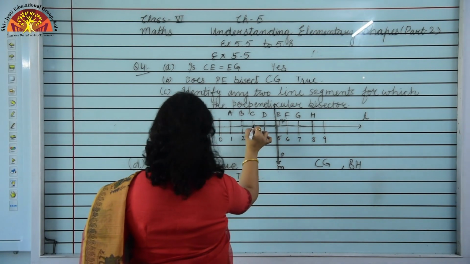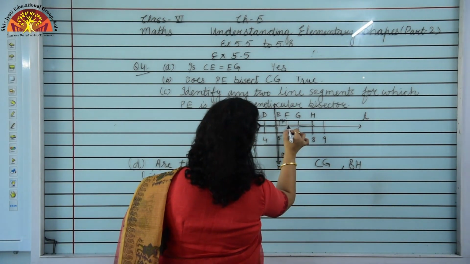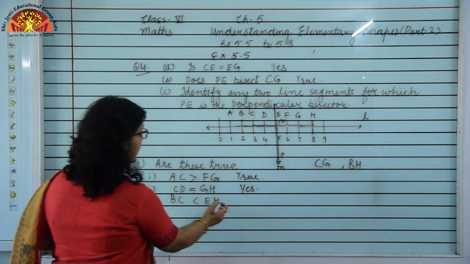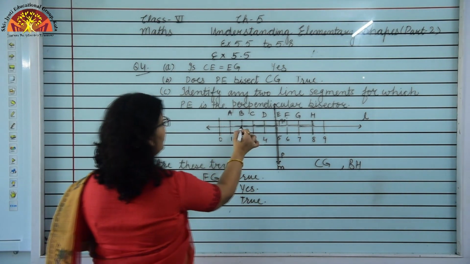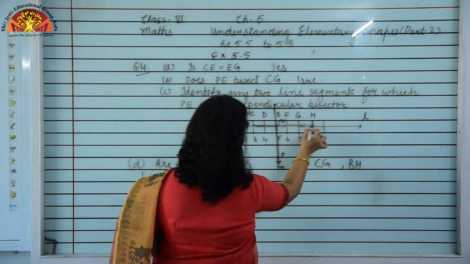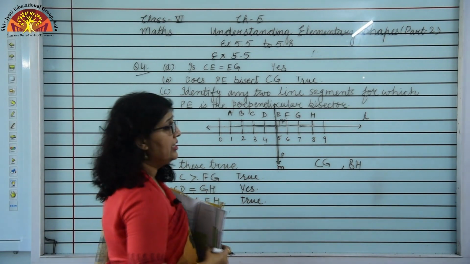BC has only 1 unit and EH has 3 units, 1, 2 and 3 units. So BC is less than EH, it is also true.